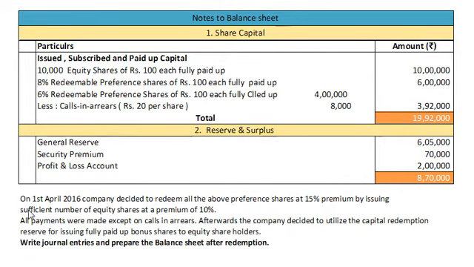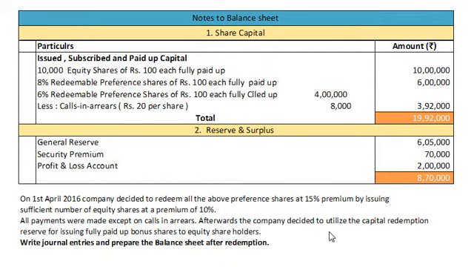Here is some additional information. On 1st April 2016, the company decided to redeem all the above preference shares at 15% premium by issuing a sufficient number of equity shares at a premium of 10%. All payments were made except on calls in arrears.